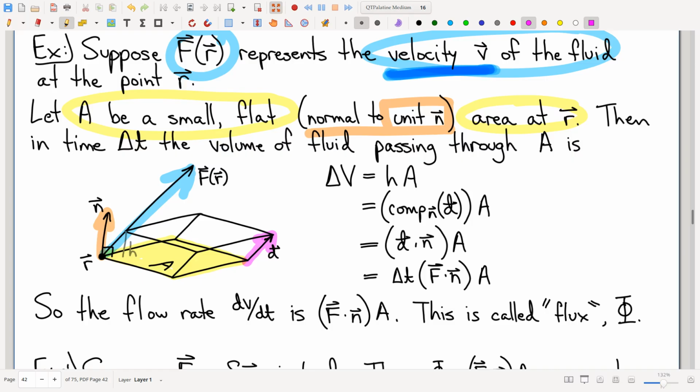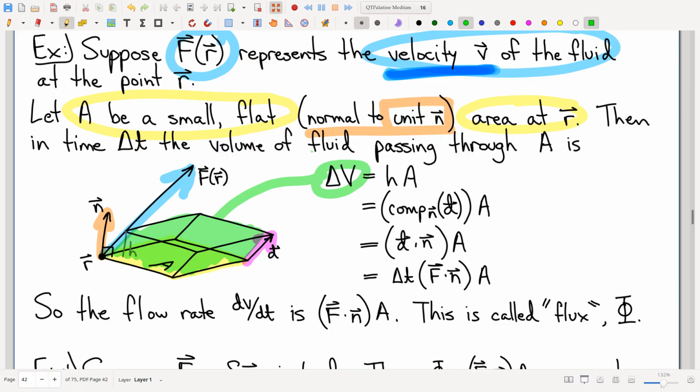We're going to call that the d vector, d for displacement. That's how much the fluid has displaced in that amount of time. And then I claim, I think this is pretty believable, that this right here, in green, is the volume of fluid that has flowed through that surface in that amount of time, delta t.